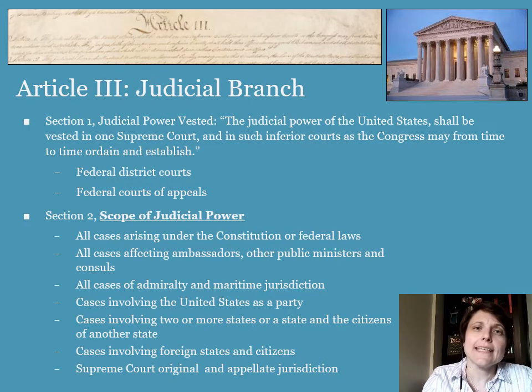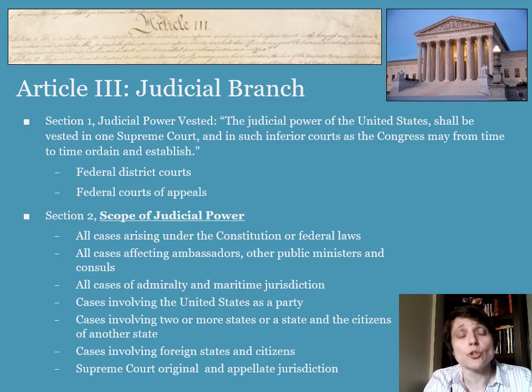The Constitution gives the Supreme Court both original and appellate jurisdiction, meaning that there are some cases that can be filed directly with the Supreme Court, pursuant to its original jurisdiction, whereas others have to work their way up through the court system from the lower courts before the Supreme Court can hear the case, and that is via its appellate jurisdiction. We're going to talk about this topic in a lot more detail later when we examine the concept of judicial review as a method of holding our government accountable to the people.